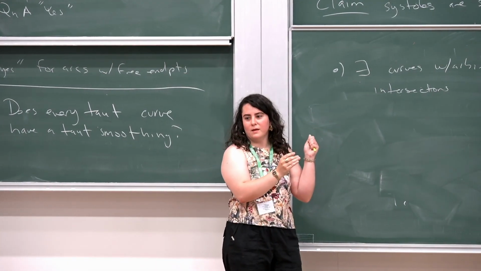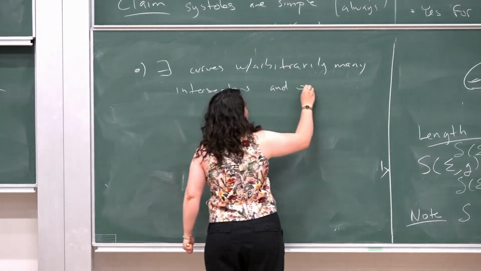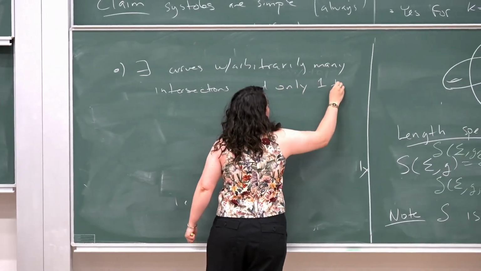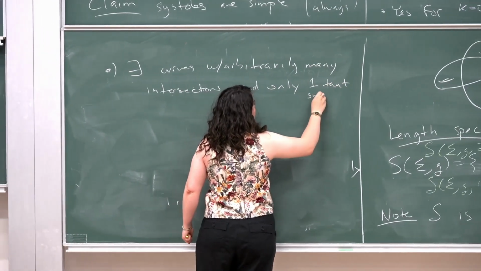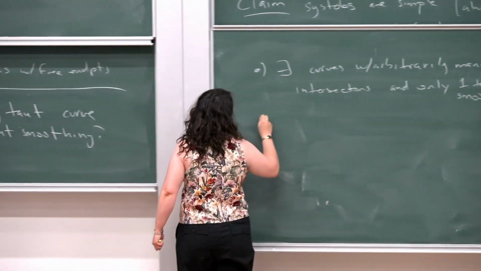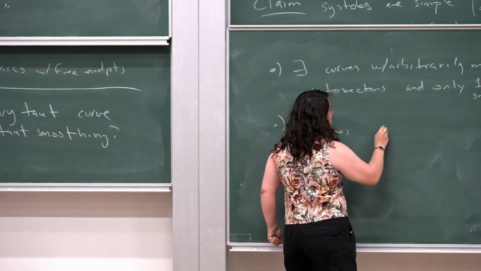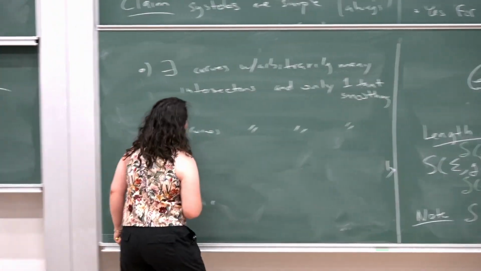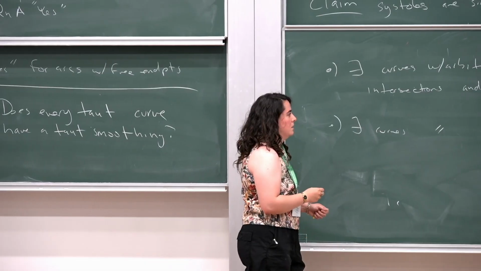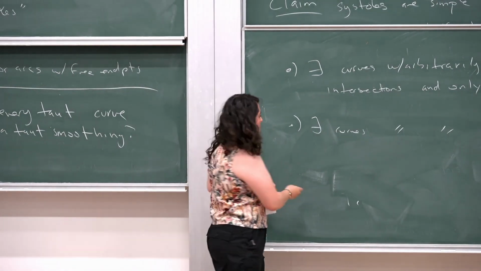So if I choose the wrong place, I'm screwed. And there are examples of curves, again, that have any number of intersections, and where some smoothings remove all the intersections of the curve.